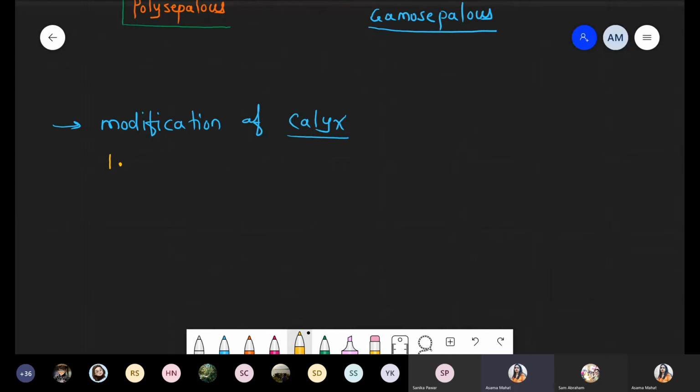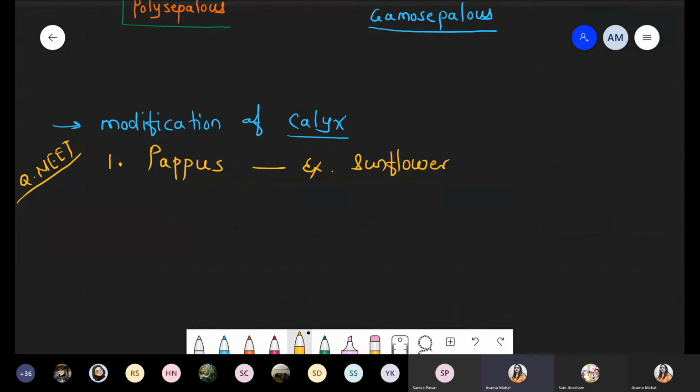I checked the syllabus, it is, but it's not mentioned. So first we are talking about pappus. On pappus, NEET 2016 had one question. Pappus condition, example in sunflower.